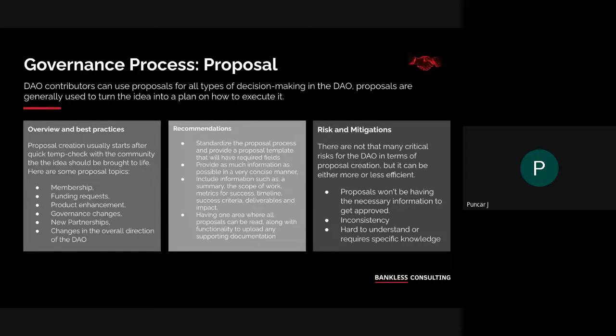So there are many proposals, and it depends on the DAO. Some DAOs are running everything through proposals. Some DAOs are more like having delegated responsibilities. Therefore, some decisions can be made without a proposal.